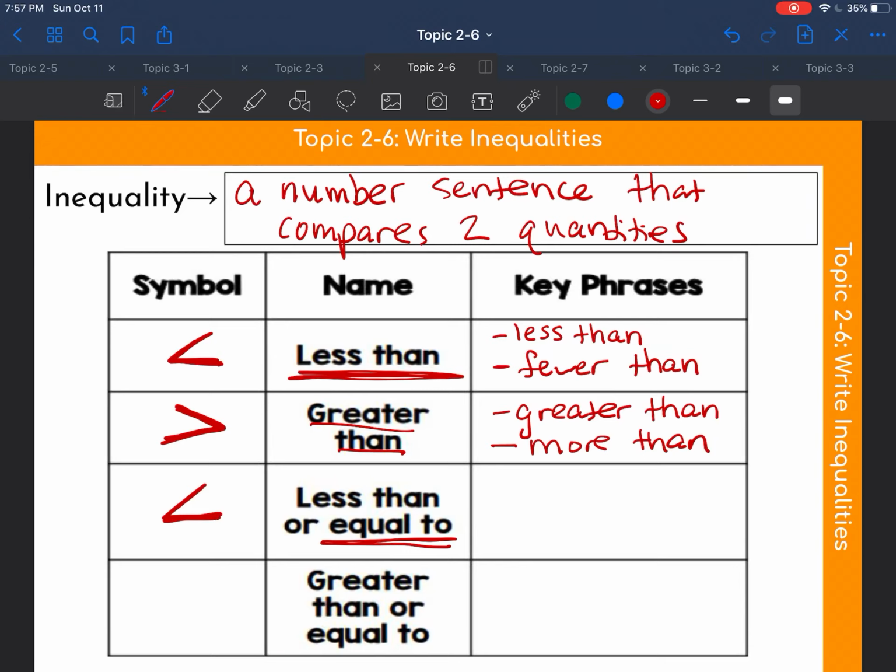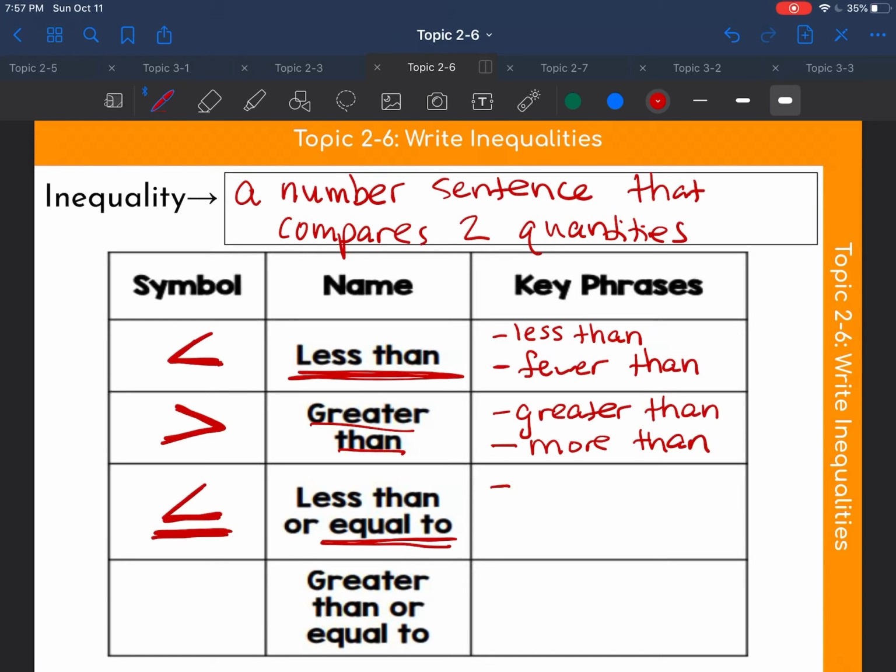The symbol for that is the less than symbol, and since it's equal to, we take part of the equal sign and write it below. When typing it into your computer, I would type the less than symbol, then highlight it and underline it, because I don't know if you can actually input that into Google Slides.